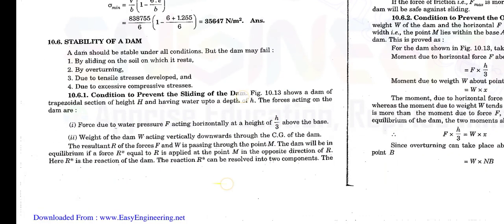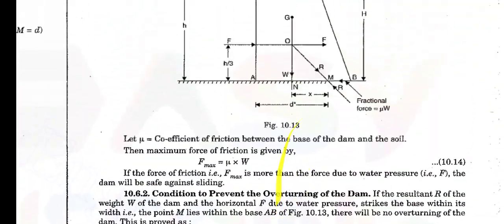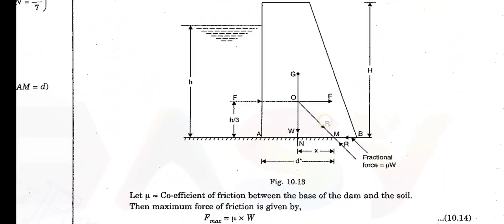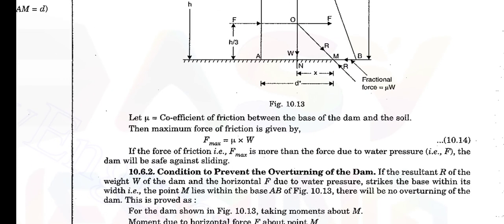So how can we frame this? This R, the resultant force, is due to F and W, but the resisting R can be resolved into horizontal and vertical components. Only the horizontal component we take into action, which is due to the frictional force.